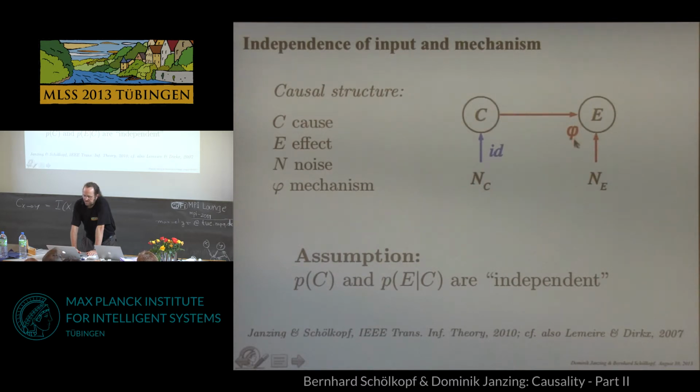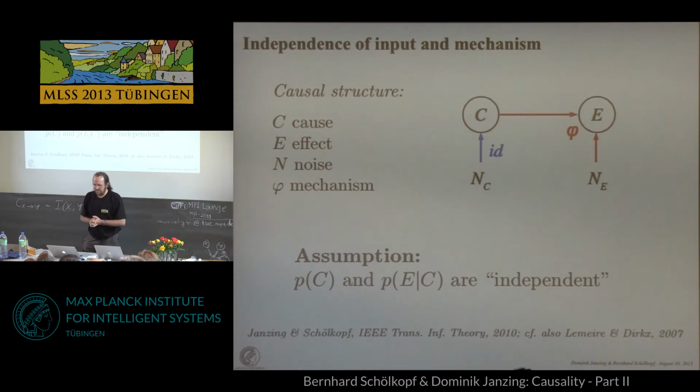And this function we think of as the mechanism, or sometimes we think of the conditional of E given C as the mechanism. So the conditional sort of contains the function and the noise. But the assumption that we want to make, and now this is fairly informal at first, is that the distribution of the cause and the conditional, so the mechanism, are in some sense independent.